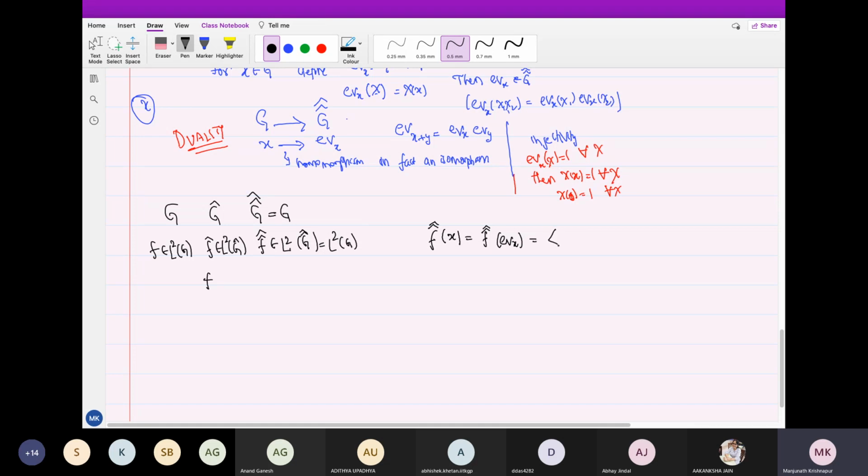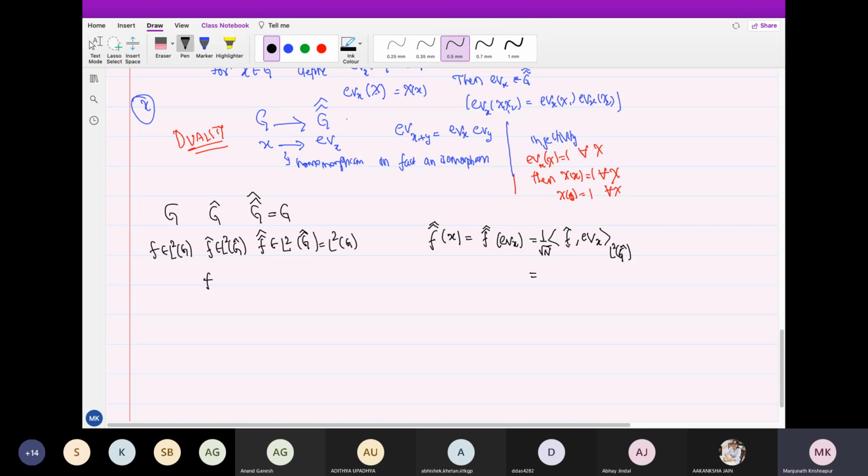It is the inner product of f hat with this character EV_x in L2 of G hat, but I should divide by square root of n. Agree? That's the definition. We are taking the Fourier transform of the function f hat, so it's f hat inner product with the character, namely the evaluation, divided by square root n.